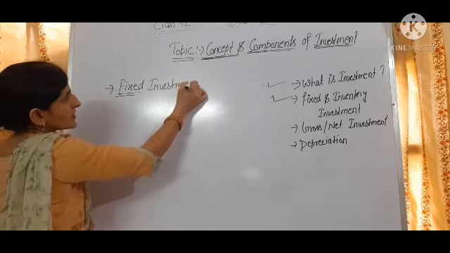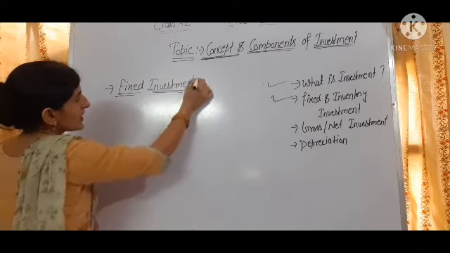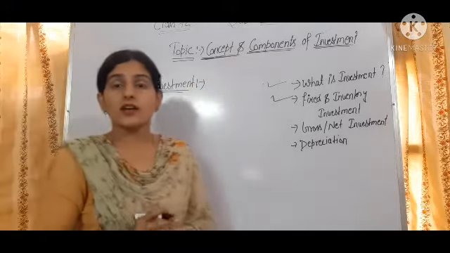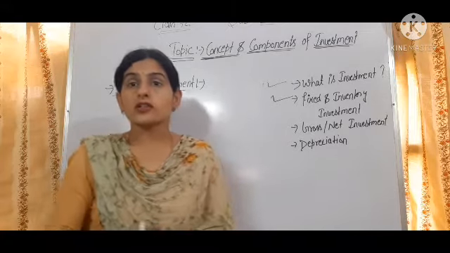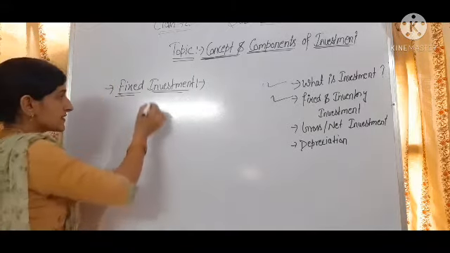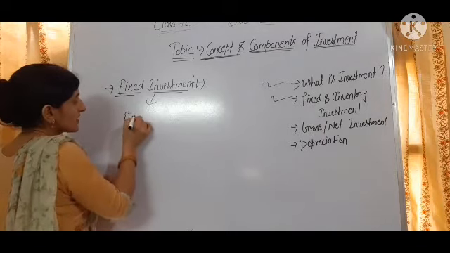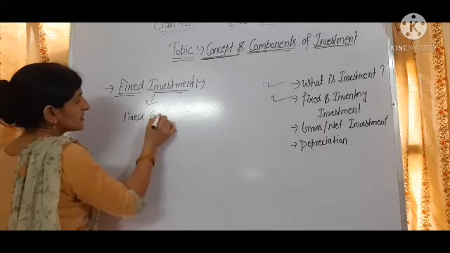So what is fixed investment? Fixed investment is that investment which the producer incurred on the purchase of fixed assets, which is borne by the producer on the purchasing of fixed assets. So what are the fixed assets?